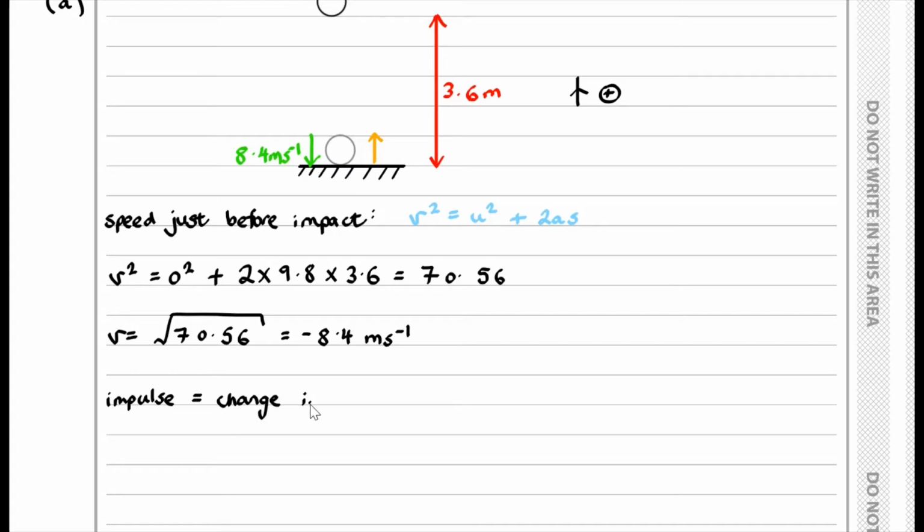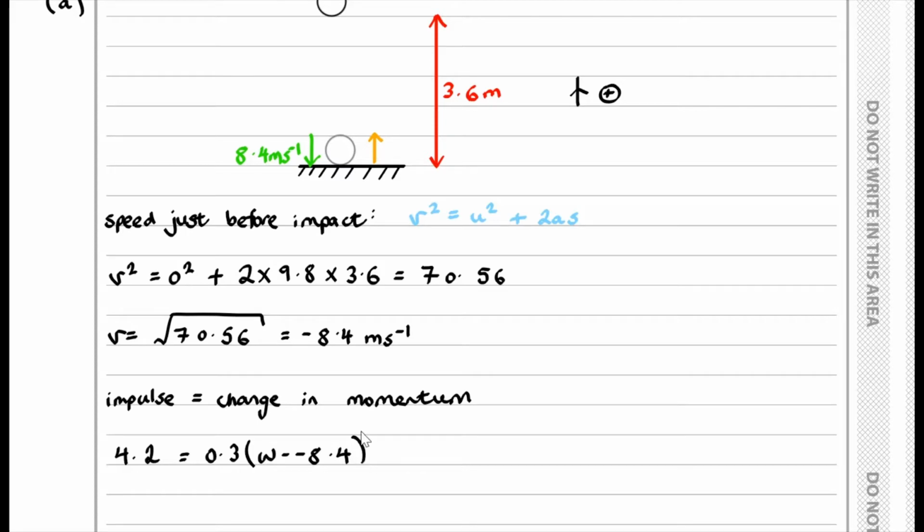Okay, so we've got the impulse 4.2, and this is equal to the change in momentum. So if we factorize out the mass, the 0.3, then if we assume that it goes back up with a speed of w, we have w minus 8.4.